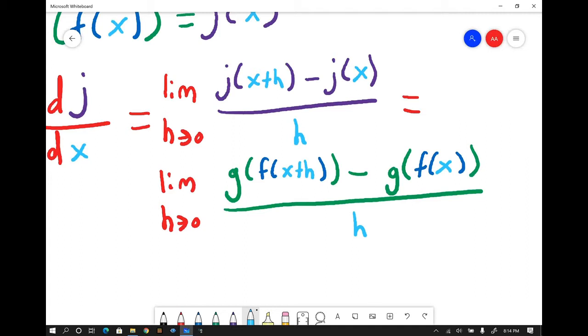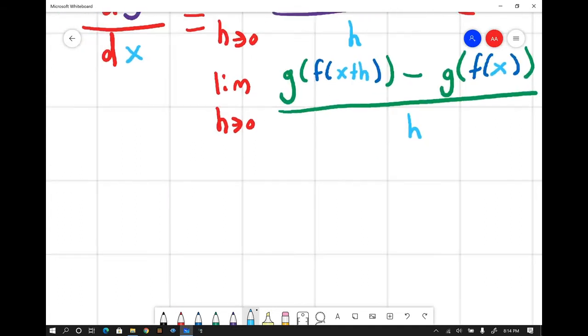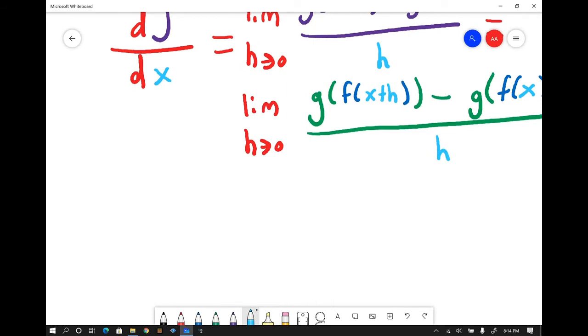So what we can do is divide both sides by f of x plus h minus f of x.